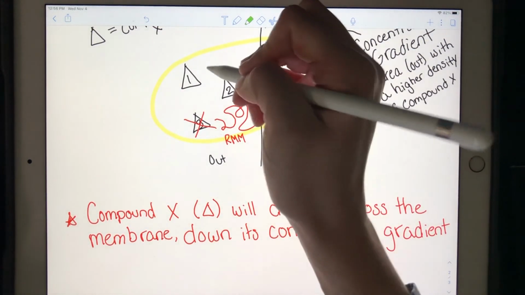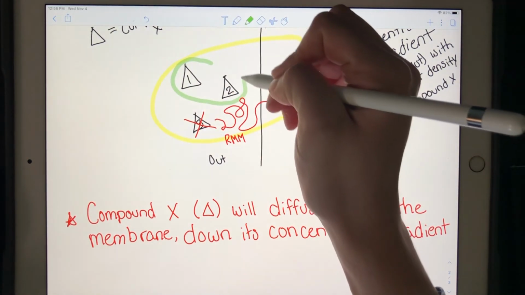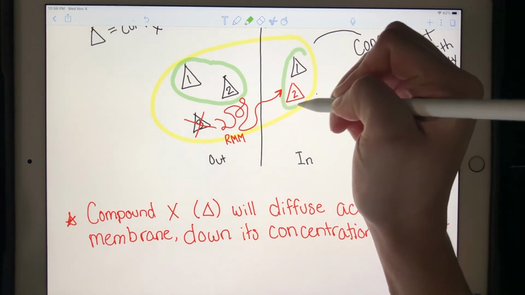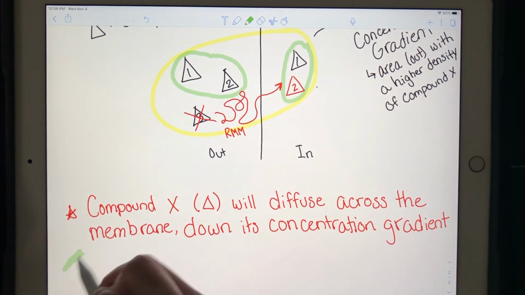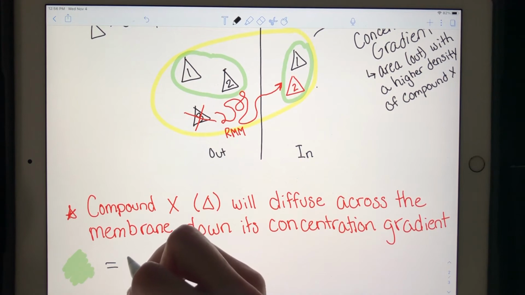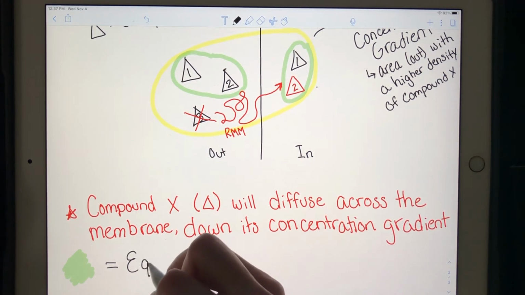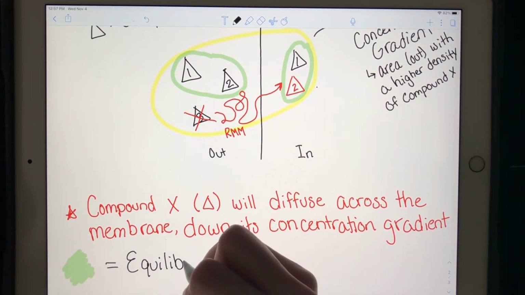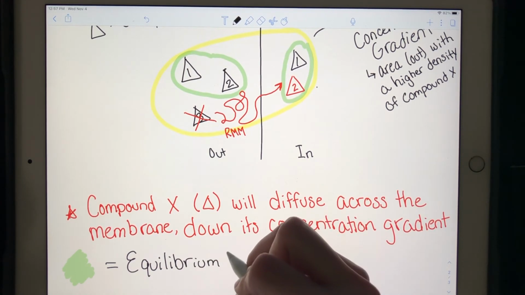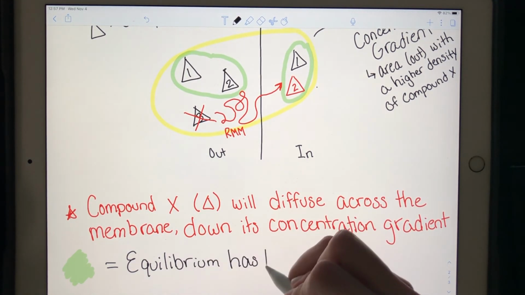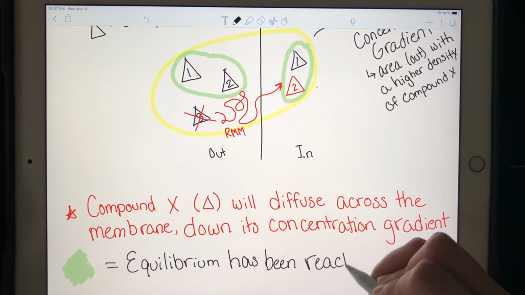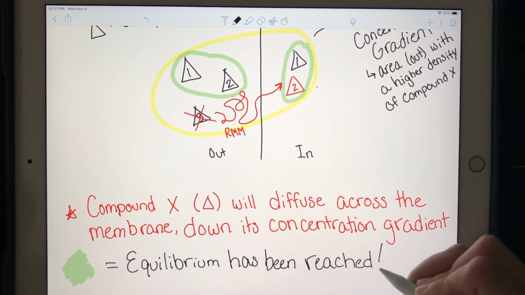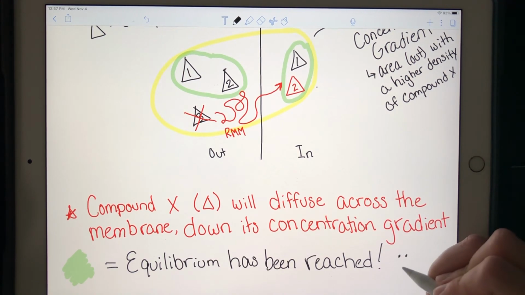Now in green, I'm going to circle that we have 2 and 2. And now we can say that equilibrium has been reached. We've reached a balance. And this is a reason to celebrate.